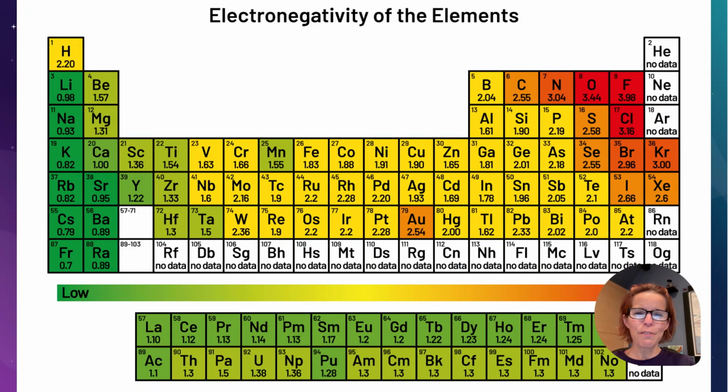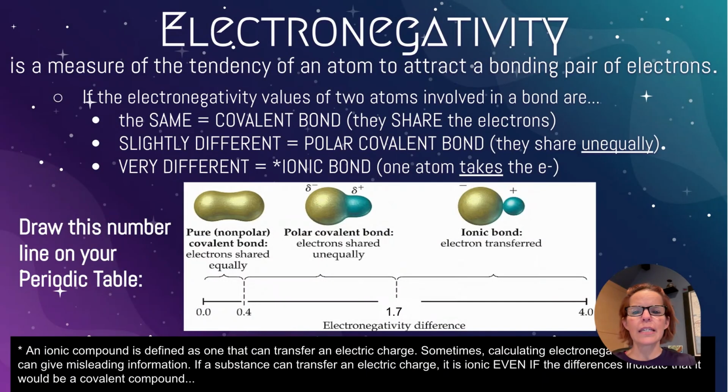So if we find the difference between one hydrogen atom and another, 2.2 minus, difference means subtraction, 2.2 minus 2.2 is 0. So if their electronegativity is the same and we have a 0, notice it's down here on the number line, and it says this is a covalent bond. It's a covalent bond. They are sharing the electrons equally.